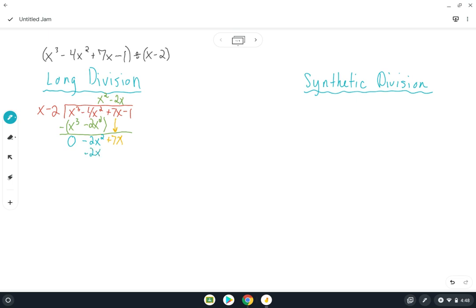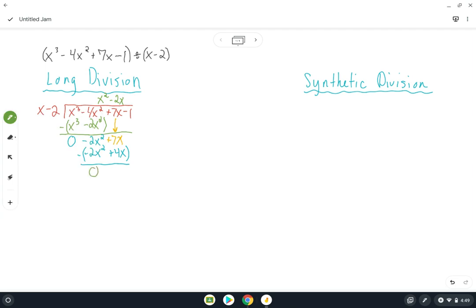And once again, we have to get the same term there. So when we subtract it, we get 0. It cancels out. Negative 2x times negative 2 is positive 4x. And we'll put parentheses around it and subtract. And we will get 0.